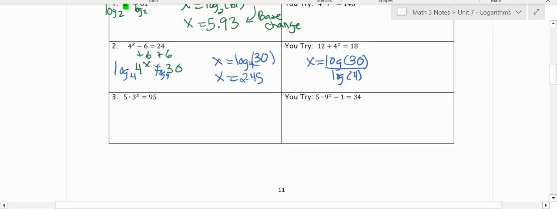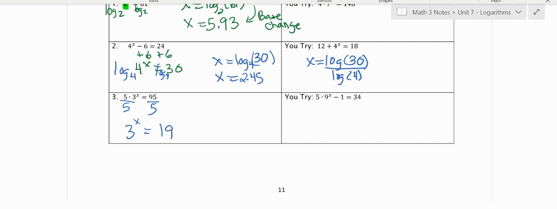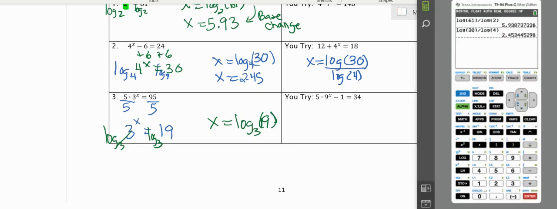For the next one, same thing. You would go ahead and solve. I'm going to get my base by itself, and then I'm going to do log base 3 of each side. Again, the calculator I'm using can't evaluate log base 3, so in your calculator you just use the base change.